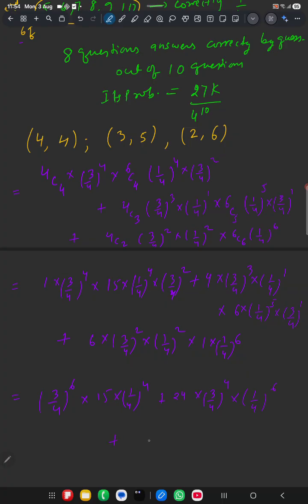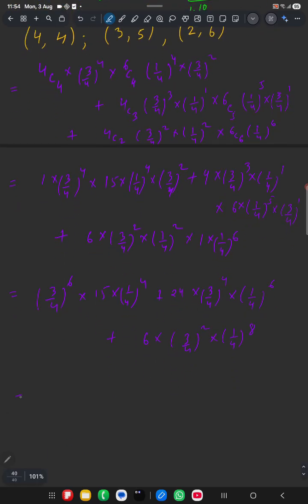In the third case, 6 into 3 by 4 coming as 2 times and 1 by 4 coming as 8 times. So you can see that 1 by 4 power 10 we can take common. Also we can take 3 power 2 common throughout.